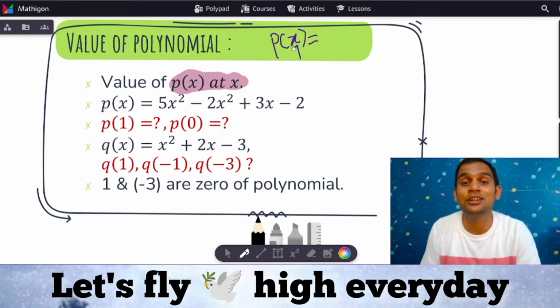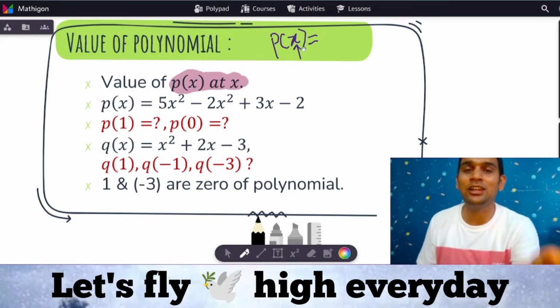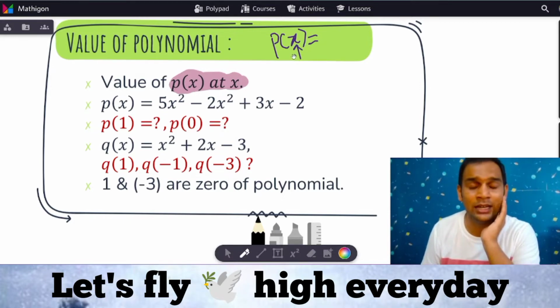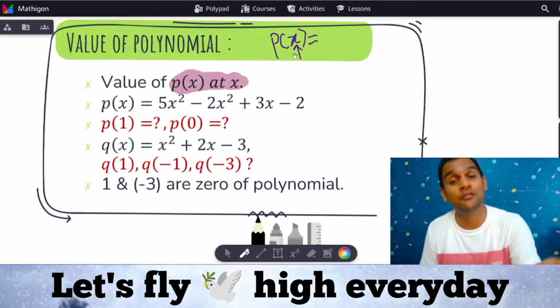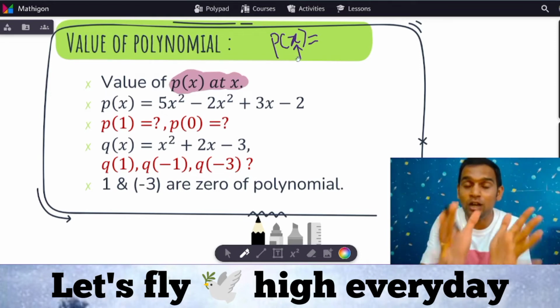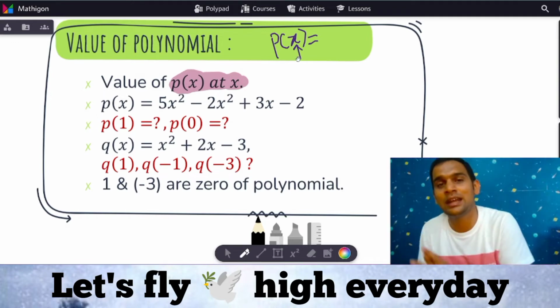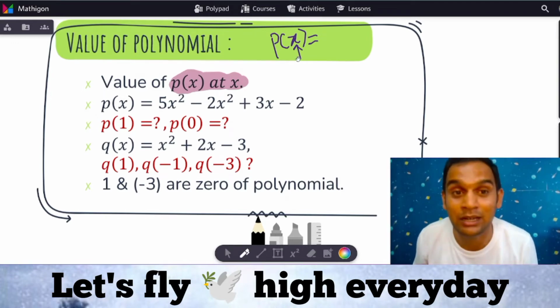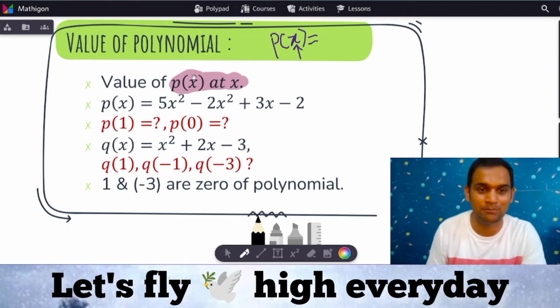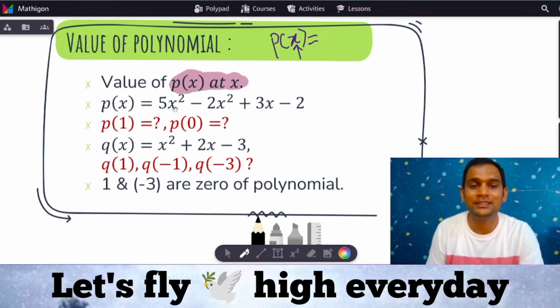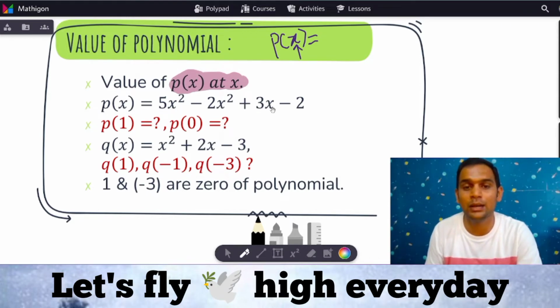So instead of x, we give some value or some number. Whatever answer we get after solving the polynomial, that becomes the value of the polynomial. So let's try to understand. P of x equals 5x square minus 2x square plus 3x minus 2. This is the polynomial. Now I want to find the value of p of 1.